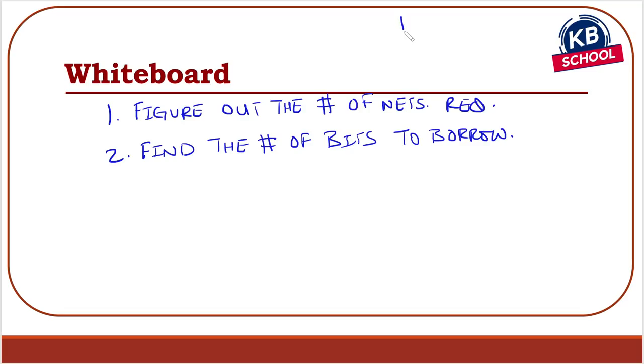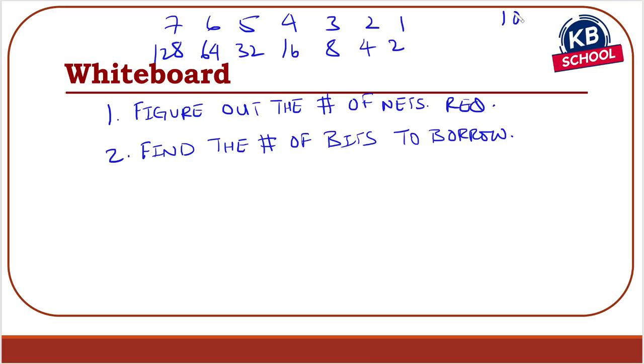And how do I do it? Remember the table? 2, 4, 8, 16, 32, 64, 128. Let's say I had a requirement of 10 networks. I would go 1, this is not enough, this is not enough, this is not enough, this is enough. So this is the number of bits to borrow. So that would have been 4.